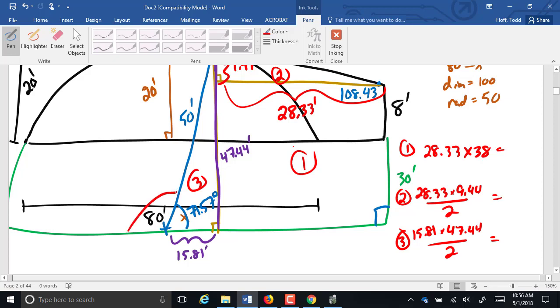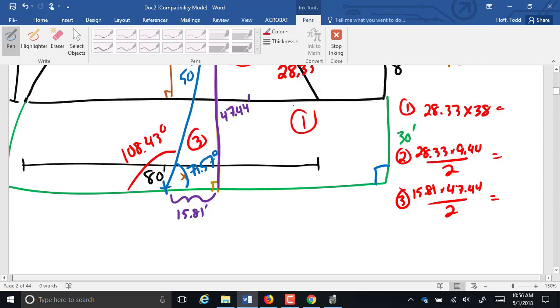And finally, this over here, that angle is 108.43 degrees. So that area would be pi times 50 squared times 108.43 over 360. What'd you guys get for a total area there?